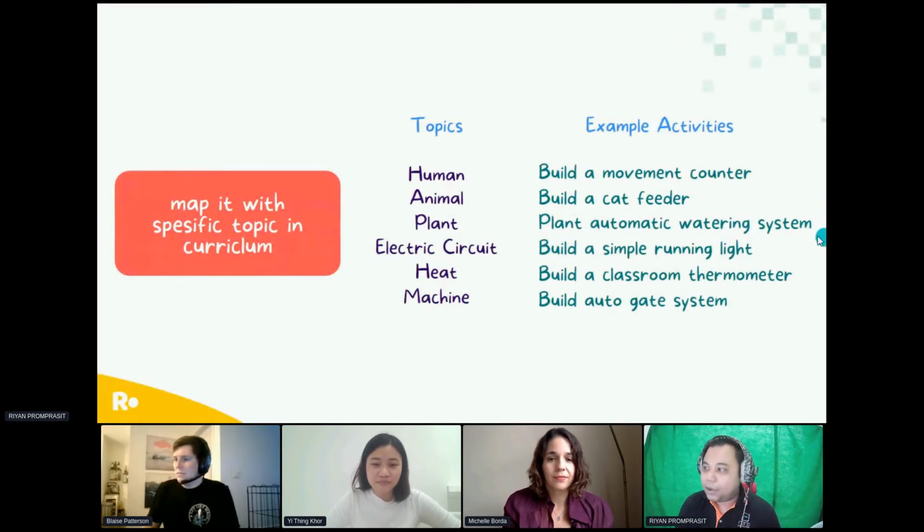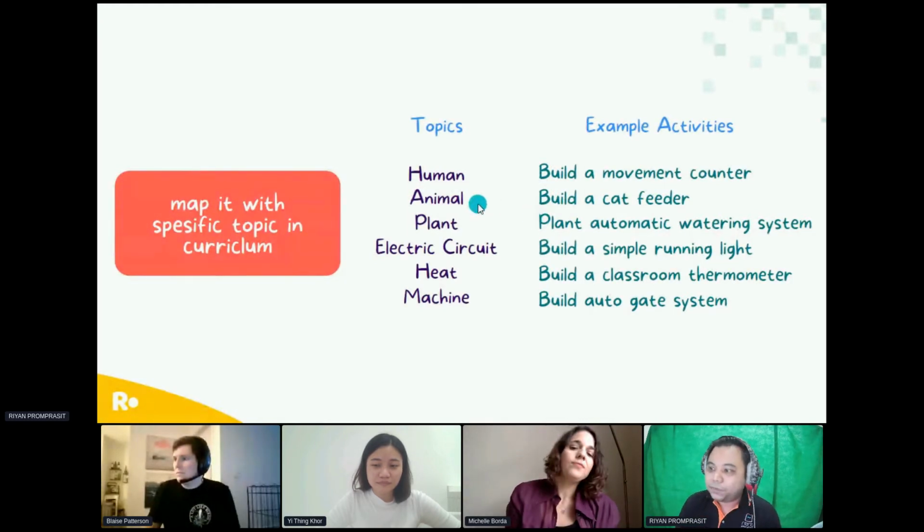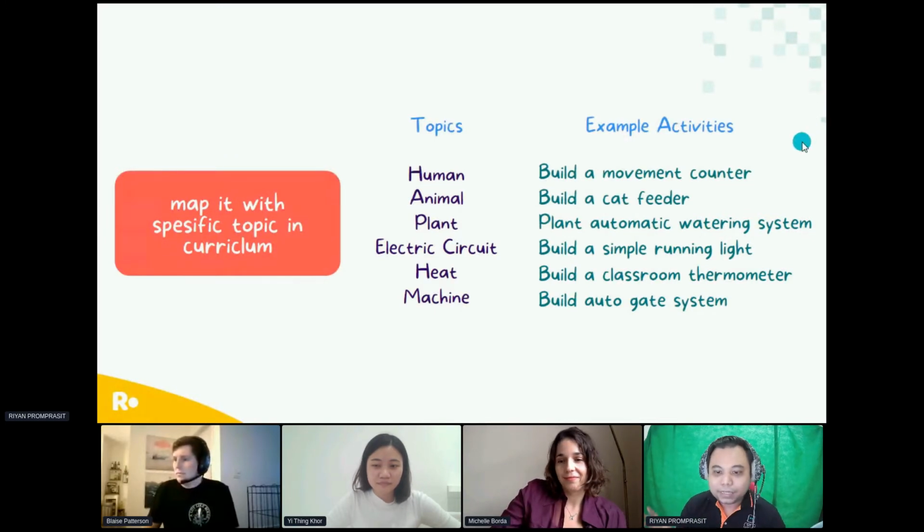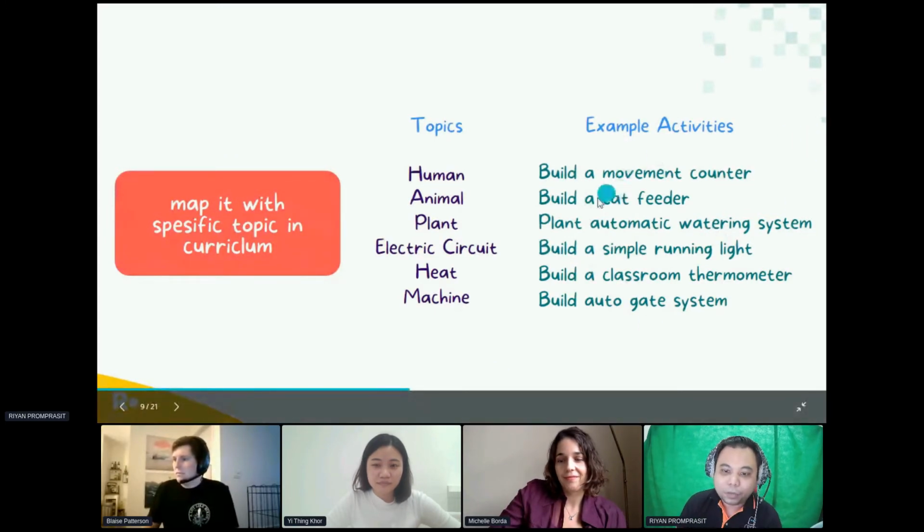For the human topic, I make a simple project by building a movement counter. For the animal topic, I encourage students to build a cat feeder. So this is how I map the topic with the activities.